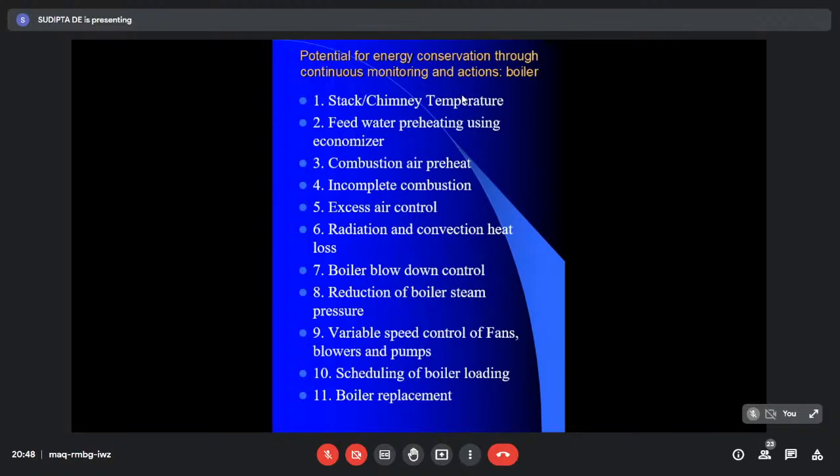Maximum temperature of feed water at economizer exit should be less than saturation temperature at the boiler pressure.